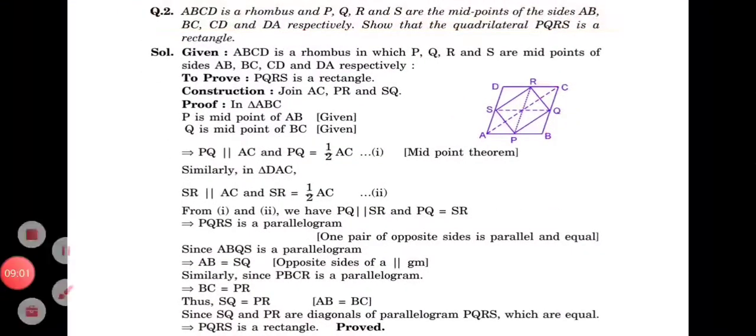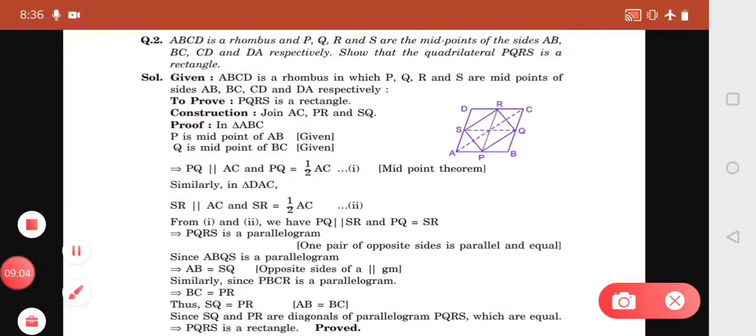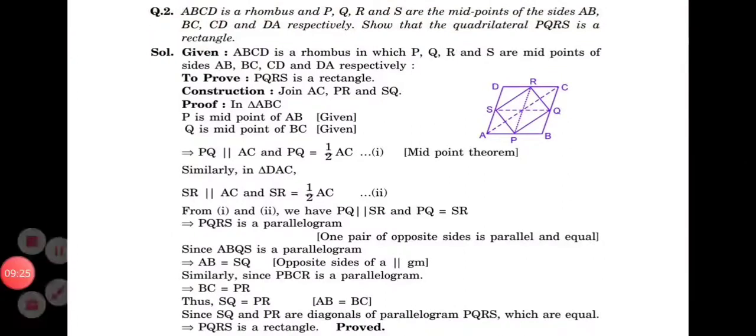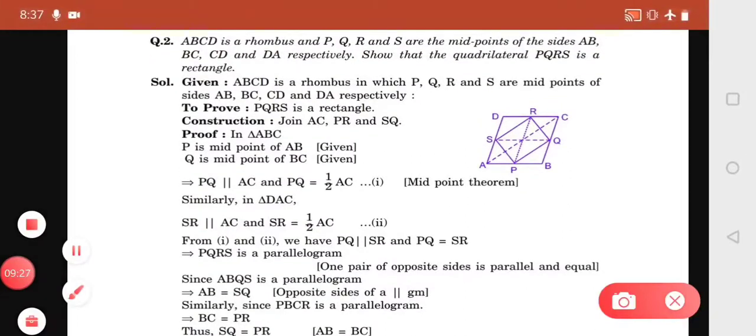Similarly, in triangle DAC, we know that S is the midpoint of DA and R is the midpoint of CD. Therefore, we will get SR parallel to AC and SR equal to half AC. Let it be number 2, and this is also by the midpoint theorem. Now from 1 and 2 we will get SR equal to PQ and SR parallel to PQ.